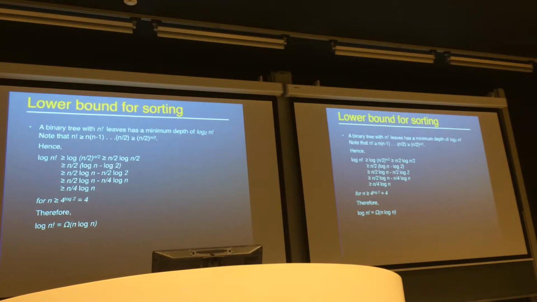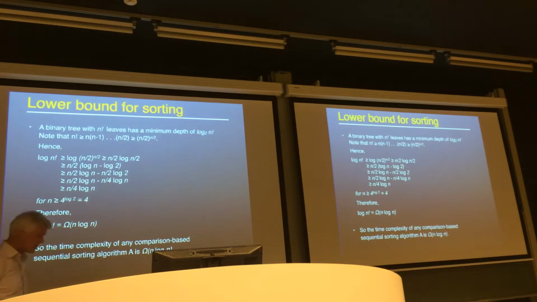So we need at least n log n steps to reach a decision from a given input vector to one of the leaves in this binary tree. So the time complexity of any comparison-based sequential sorting algorithm can't be lower than n log n. So you should have worst cases that indeed require at least n log n steps.